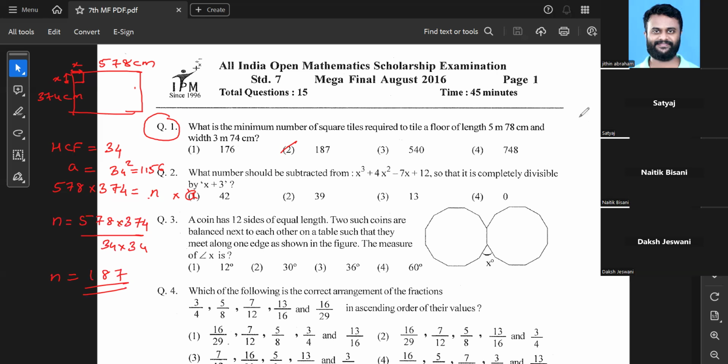Another method is: area of rectangle, that is 578 multiplied by 374, is equal to some number multiplied by area of square. Now area of square we don't know. So we'll have to do trial and error method. First we'll substitute 176 and check whether this number is an integer or not.